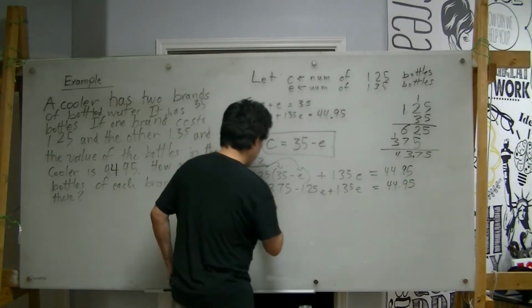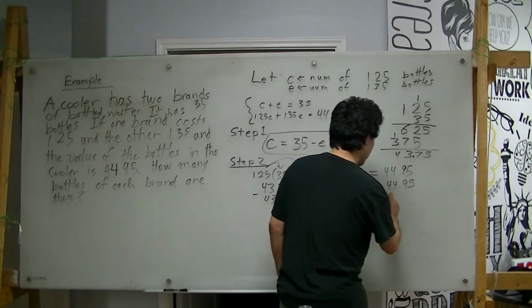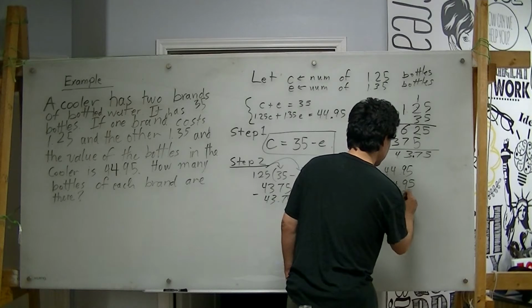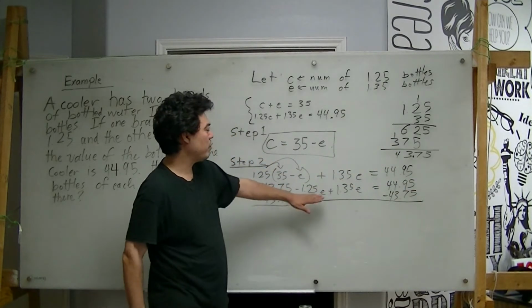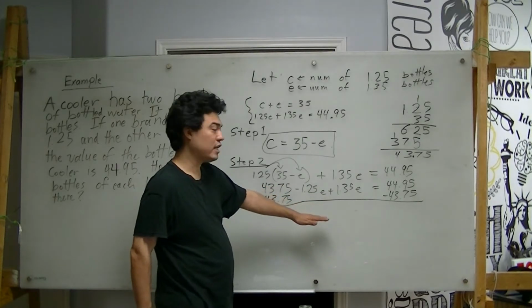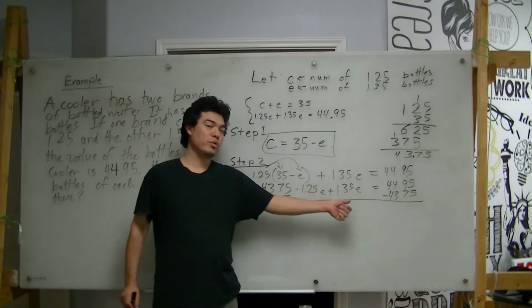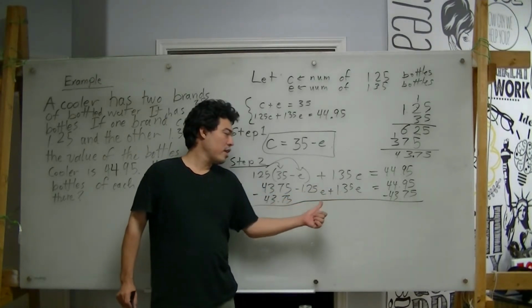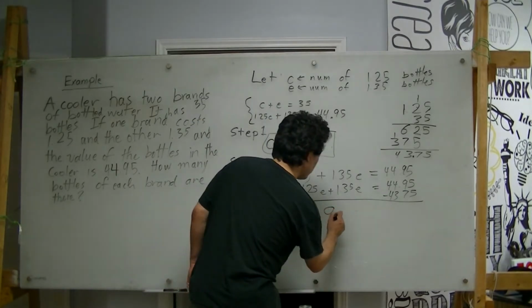So we're going to subtract it: minus 43.75, minus 43.75. And additionally, I want to point out that we have these like terms on the left-hand side of the equation. If we have negative 1.25E plus 1.35E, that gives us a positive 0.1E.